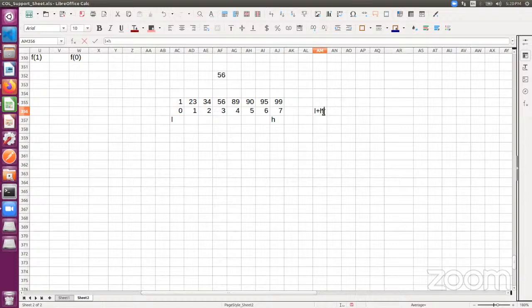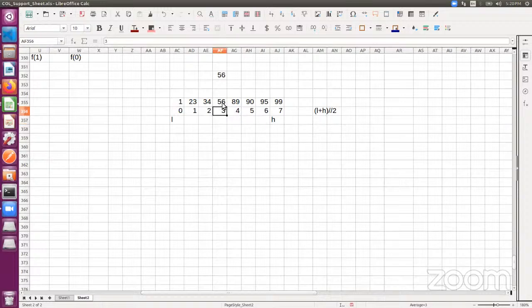It should be a floor division, because we don't need the decimal points, as an index is going to be a whole number. So low is 0, high is 7. 0 plus 7 is 7, floor division by 2 is 3.